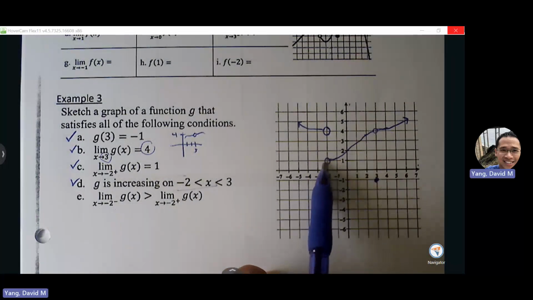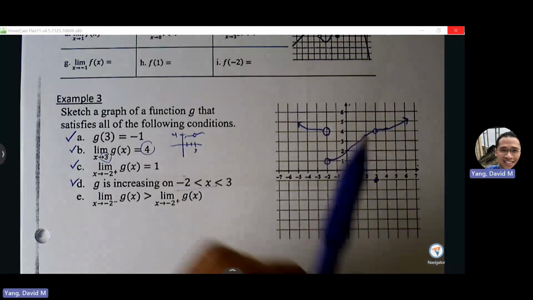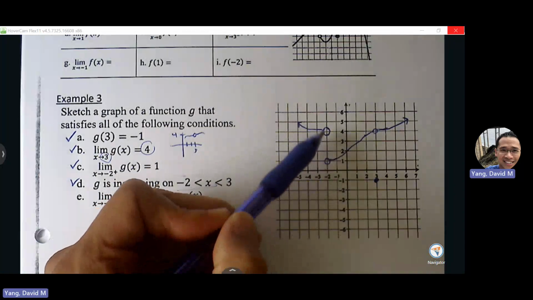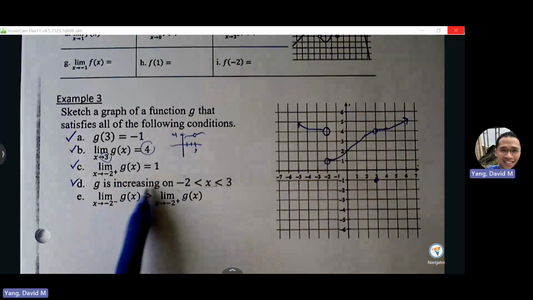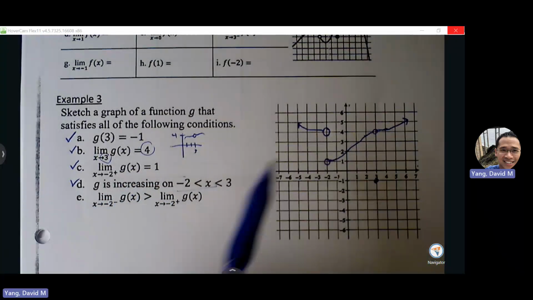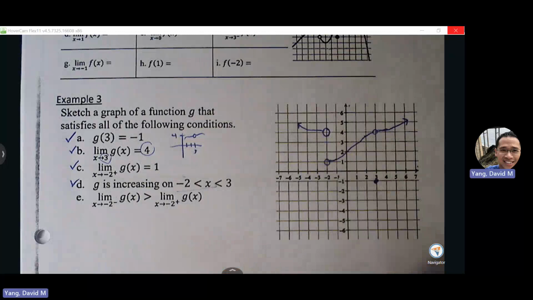You can either fill in this hole or fill in this hole or leave them both blank. Those are all valid. But if you fill in both holes, that's an issue. Here, there's no restriction preventing us from filling in either of these holes. Okay, good. Next page.